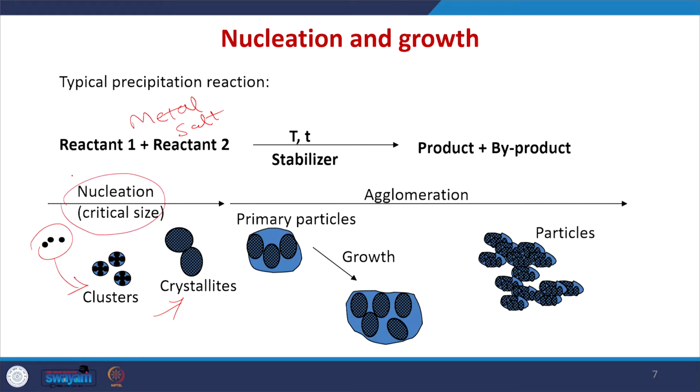Once the nucleation is over, there will be a growth process, and these crystallites combine and form the primary particles, and we have to control the growth. Otherwise, the particles keep on growing, and that leads to agglomeration of the particles. These are big size particles, which are not useful. So, we have to control the growth of particles by adding stabilizing agent or capping agent.